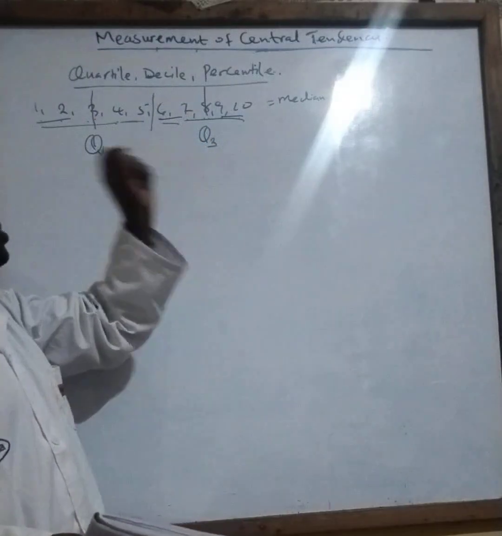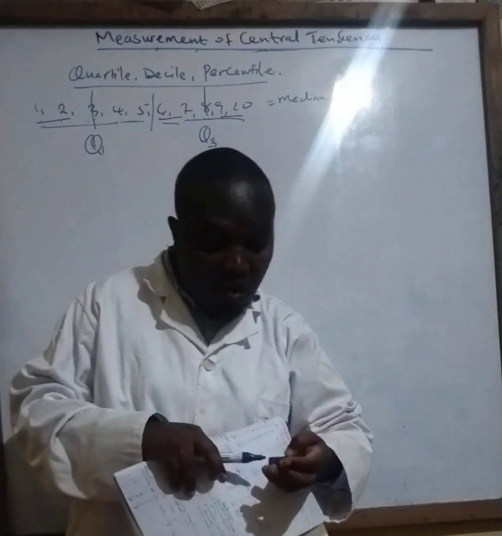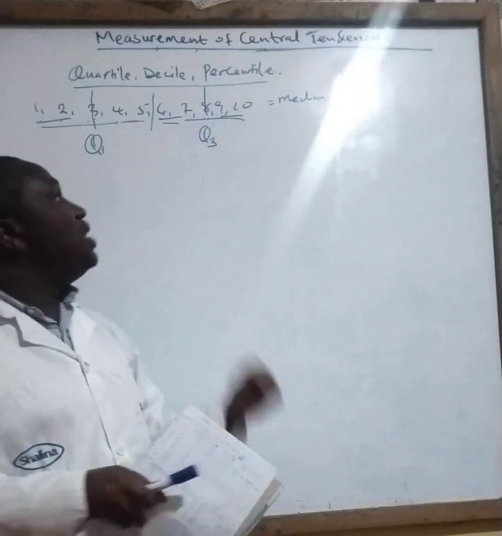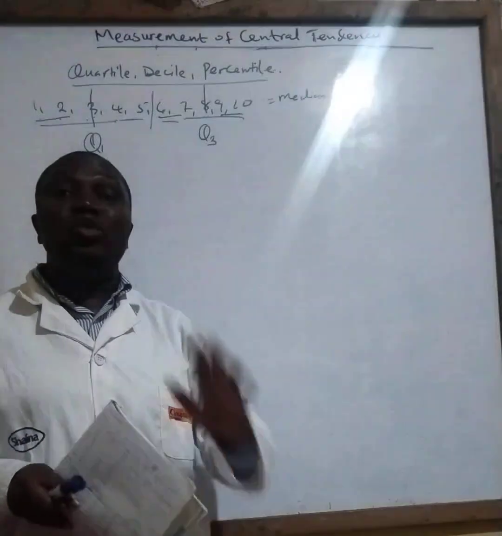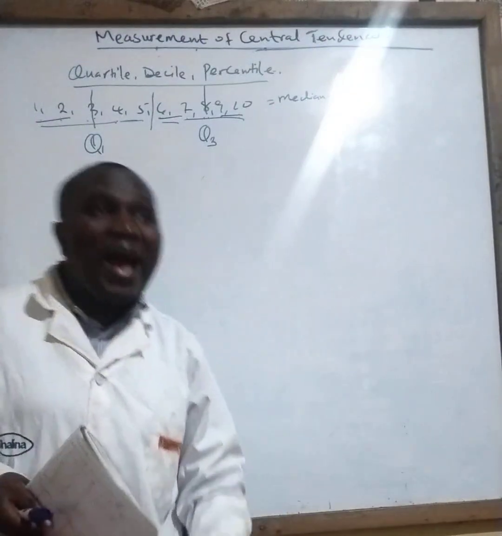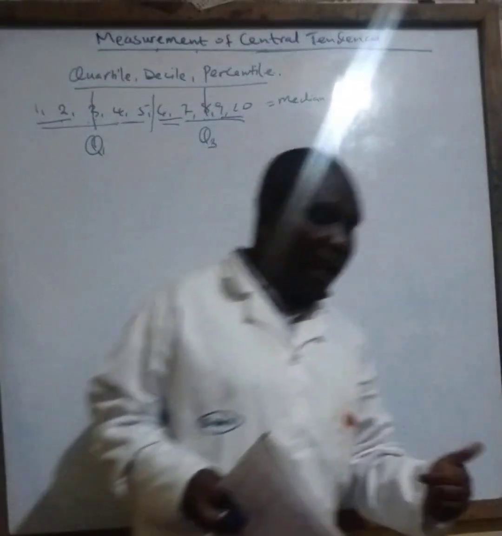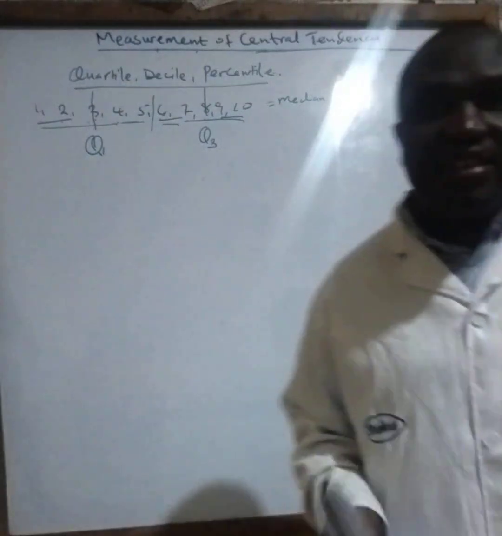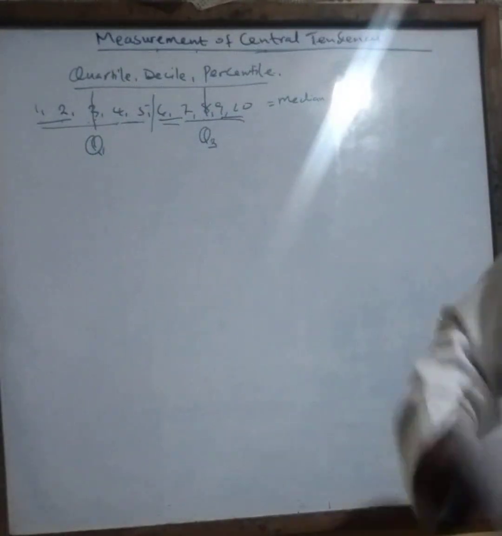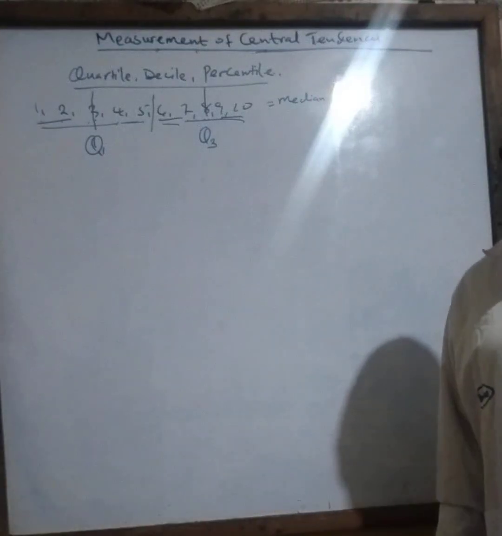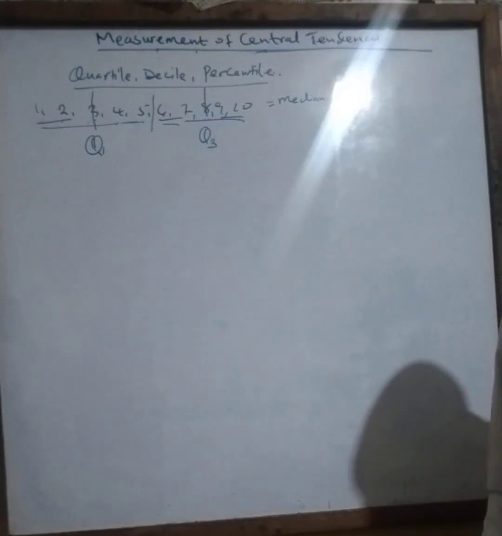Decile means you have divided the data into 10 equal parts, and percentile means you have divided the data into 100 equal parts. Therefore, quartile, decile, and percentile is just the continuation of median.